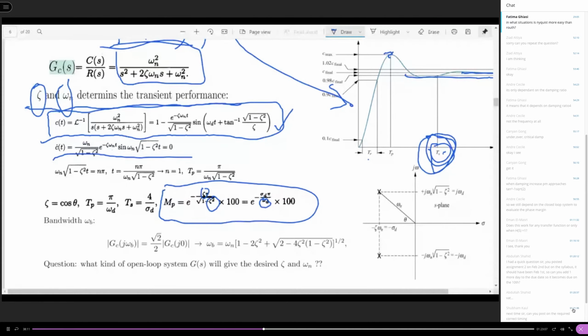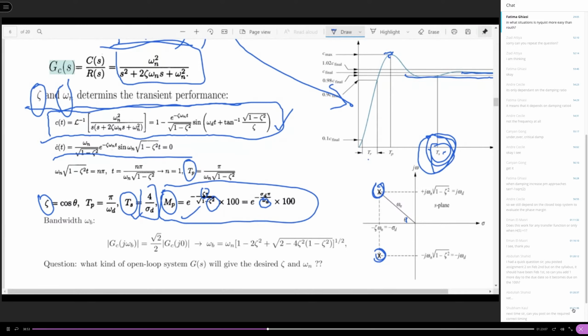This is just how we can compute these formulas from the position of the poles of the second-order system. So this is the peak time TP, and the settling time can be estimated by this, and the overshoot. The damping ratio is equal to cosine theta.